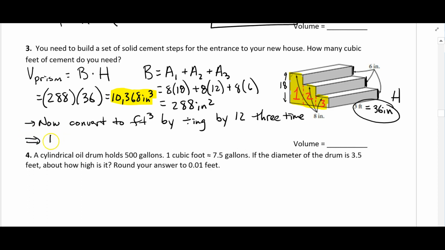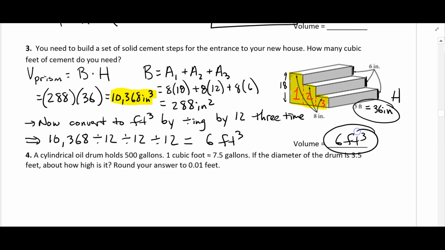So I get 10,368, and I'm going to divide by 12 once for the length, once for the width, and once for the height. You can plug it into your calculator all in one time, or you can divide by 12 3 times. And that should give us 6 cubic feet. So the volume will be 6 cubic feet of concrete.